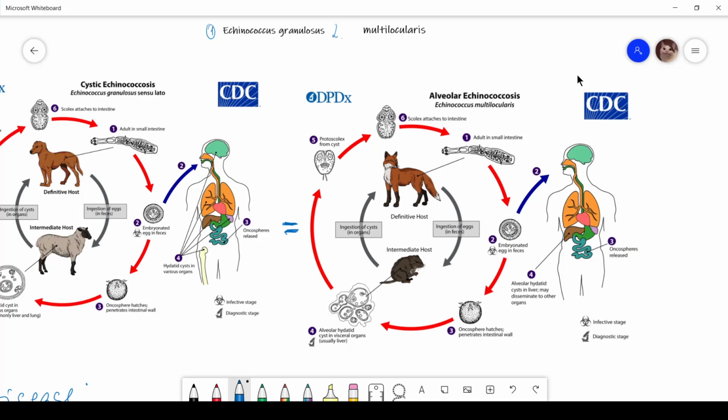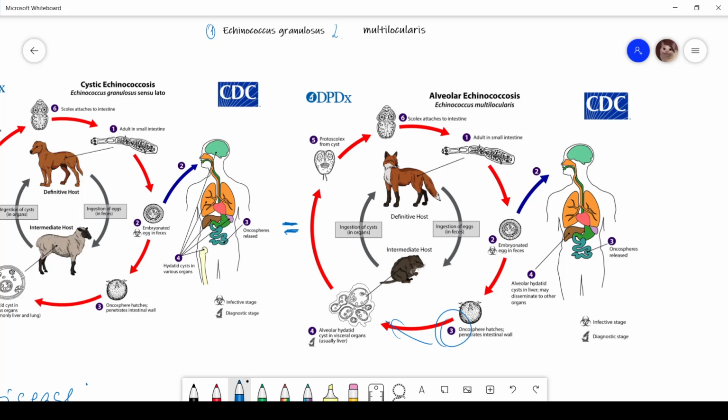But from this stage, from stage number 3, I circle. Okay, from stage number 3, we can see some differences.